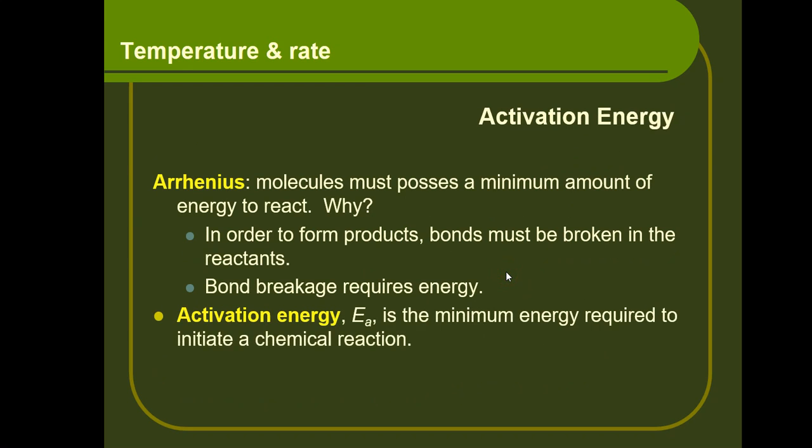Now, in the case of Arrhenius, we will be basing it on what we call the activation energy. This is simply the minimum amount of energy required for a particular reaction to occur. Why do we need this minimum amount of energy? A particular reaction is a formation of a new product from a unique set of reacting species.